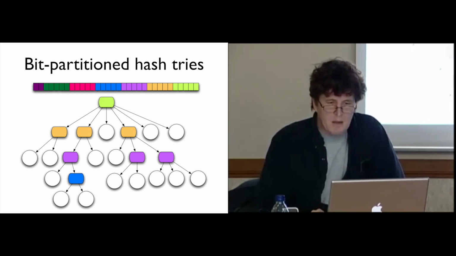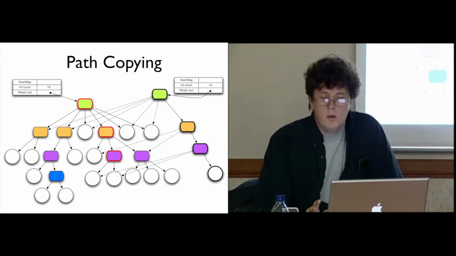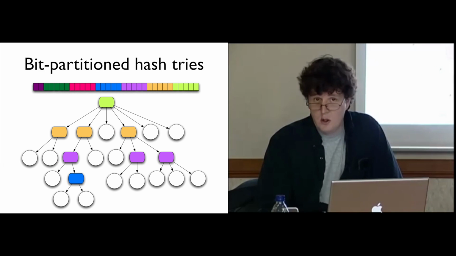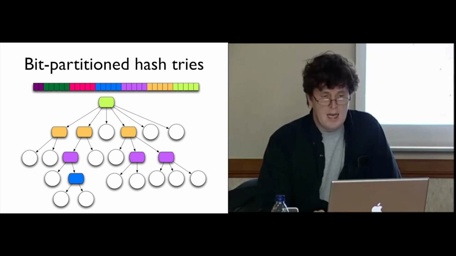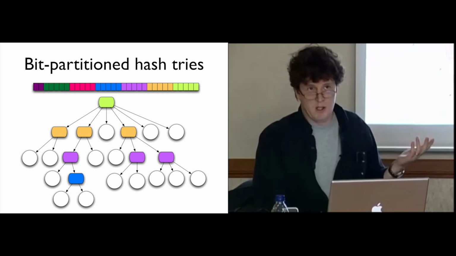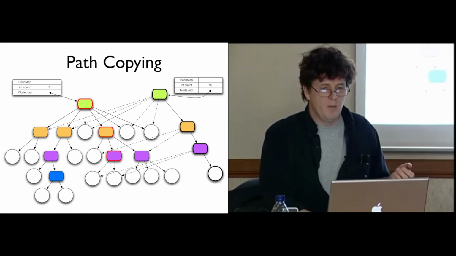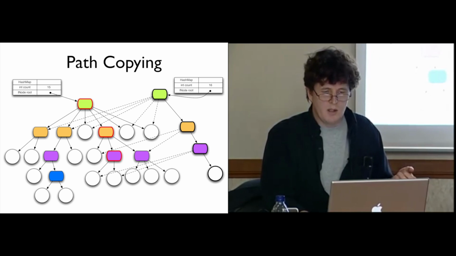So let's talk a little bit about how you do the persistent side. The trick is to share structure. What would happen if we took this hash table and added something to it? In other words, we made a new version of it with one additional thing, because we don't really change anything. The version we started with is just sitting there. It never gets touched.